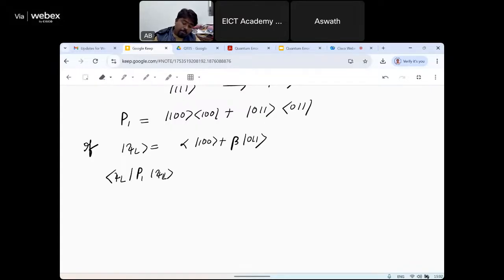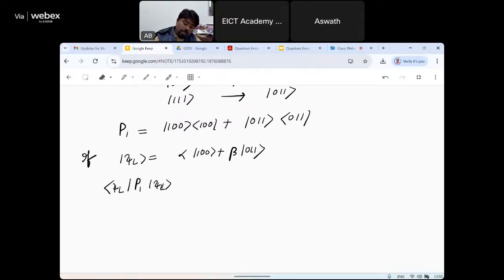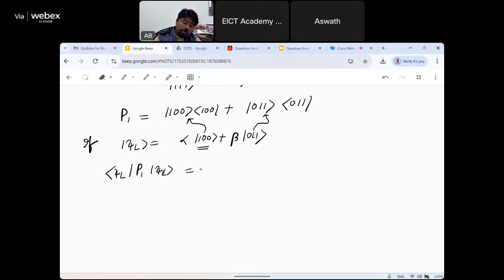Now you see, there is an inner product that would exist between these two. So all other two terms are 0, so I'll get 1, which implies error: first qubit flipped, or the error is at that qubit.